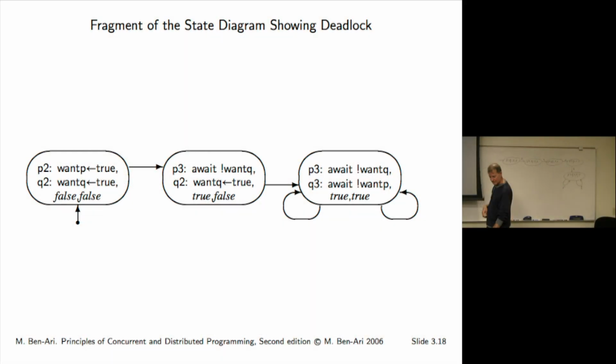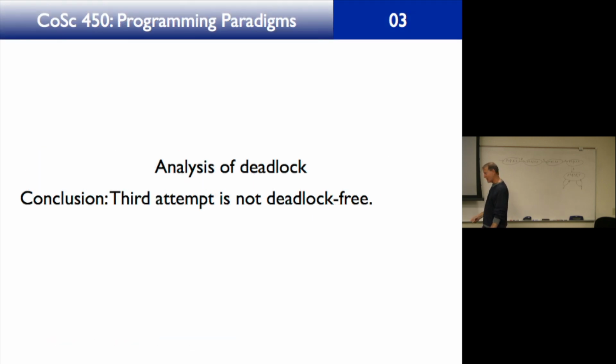Okay, so he started with P2 in the figure here. Anyway, are we good? Does everybody see that that's the problem? Okay, so the conclusion, darn, the third attempt is not deadlock free.